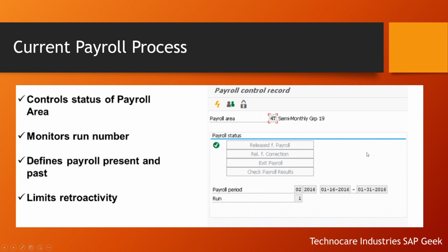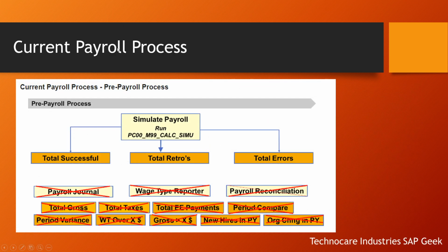Now, one more thing I want you to understand is, as per the current payroll process, what we can do pre-payroll. Pre-payroll means before starting or before creating live results of payroll.